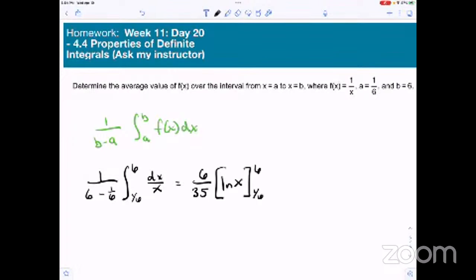It's going to be 6/35 times the natural log of 6 minus the natural log of 1/6. I'm just going to go with this for right now. Let me think.